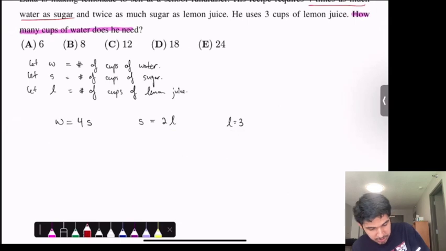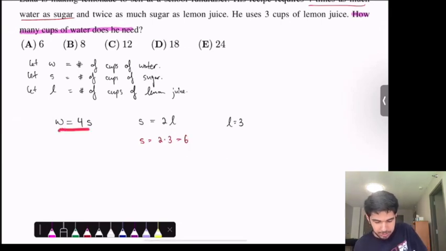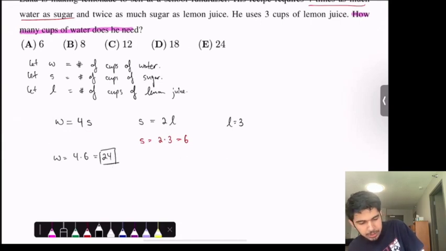So when L equals 3, this means sugar is equal to 2 times 3, which is equal to 6. And then if we go back to this equation here, we get W equals 4 times 6, since S equals 6. And if we multiply those together, we get 24. And that will be our answer. So our answer here is E.